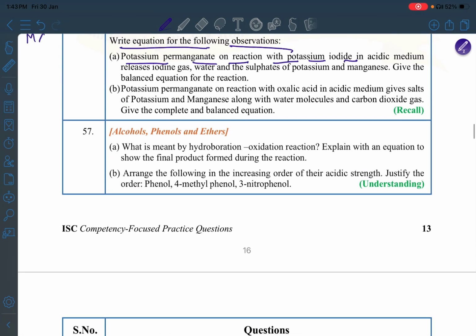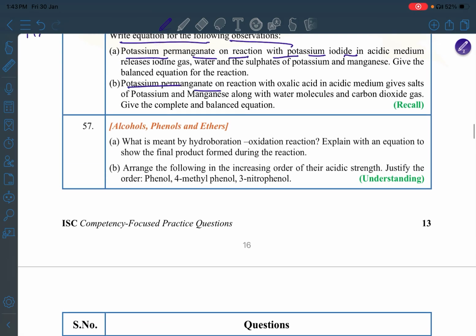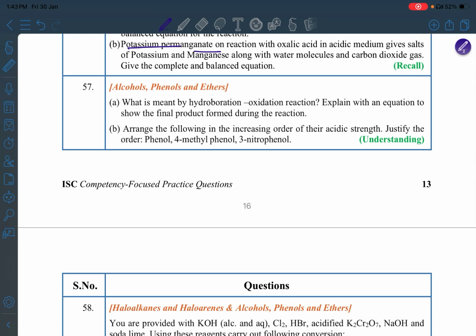Then the second reaction is potassium permanganate, KMnO4. I'm directly balancing here. React with oxalic acid, COOH-COOH, in acidic medium, so we take H2SO4. This is the reactant.